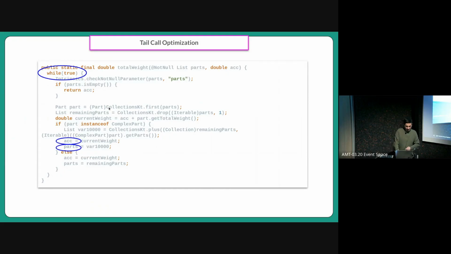We can see that the function was transformed into an endless while loop that will return once the list of parts is empty. It has an accumulator that will have a value added in every iteration. Because there's only one stack frame, this will never generate a stack overflow exception.